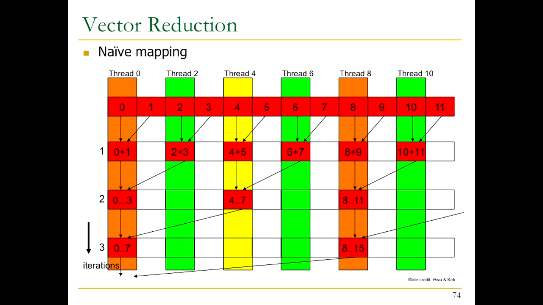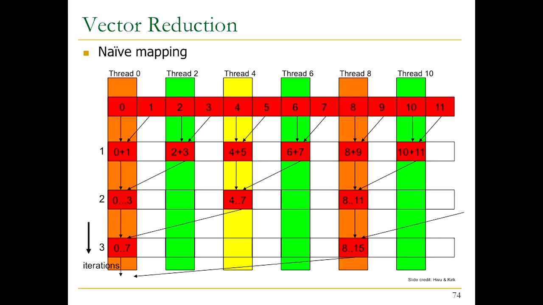A very good example for this is vector reduction. So vector reduction is essentially adding up all the elements belonging to one vector. So one naive implementation for this could be something like that. We could use even threads to compute the addition, in this particular case, the addition of two consecutive elements, as you can see in the slide.